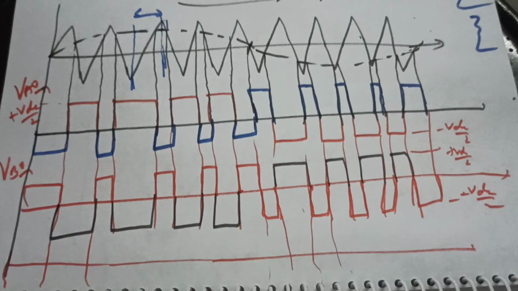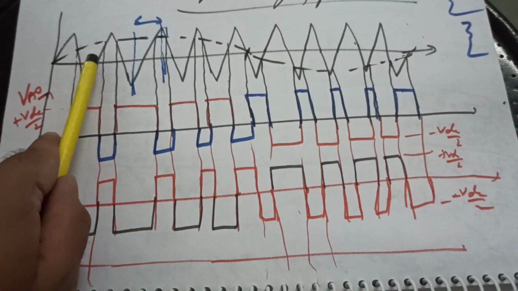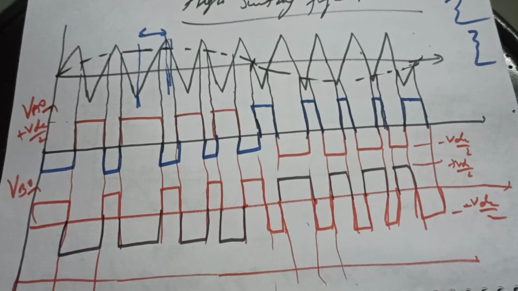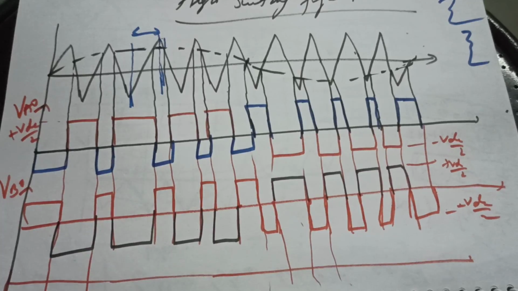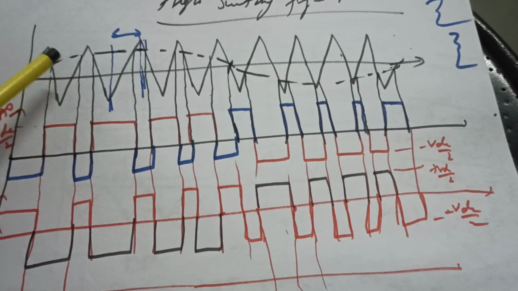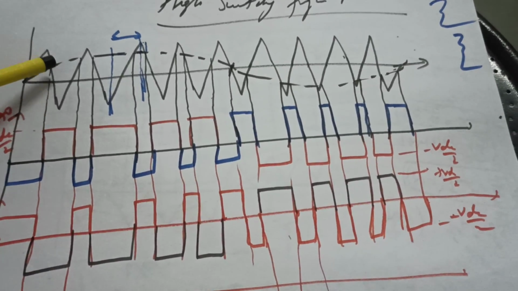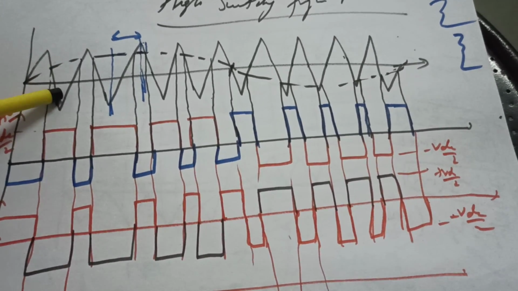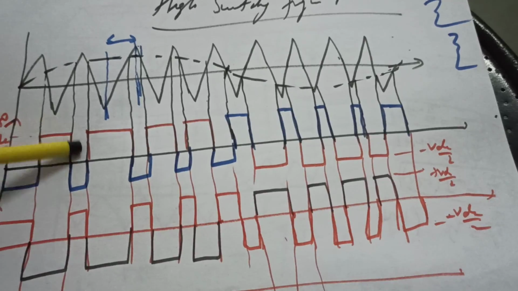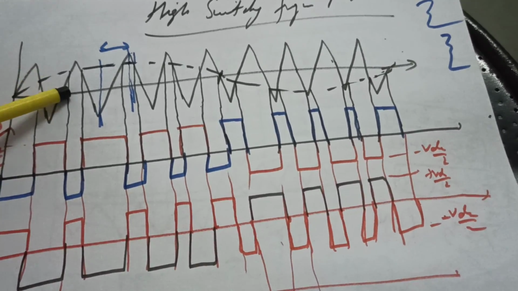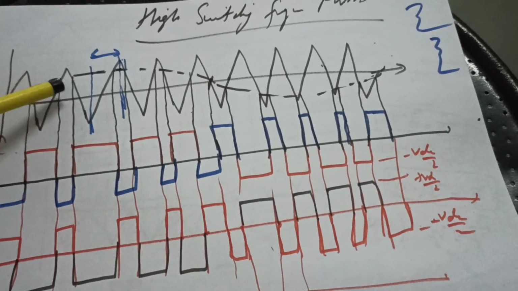The things are very simple and easy to understand. This is basically the region when the sinusoid is greater than this triangular wave. Whenever the sinusoid is greater than the triangular wave, we will get a pulse. Then the second question arises: what will happen at the next cycle?